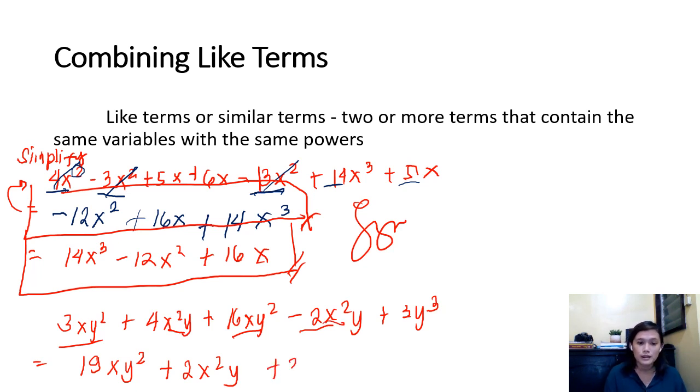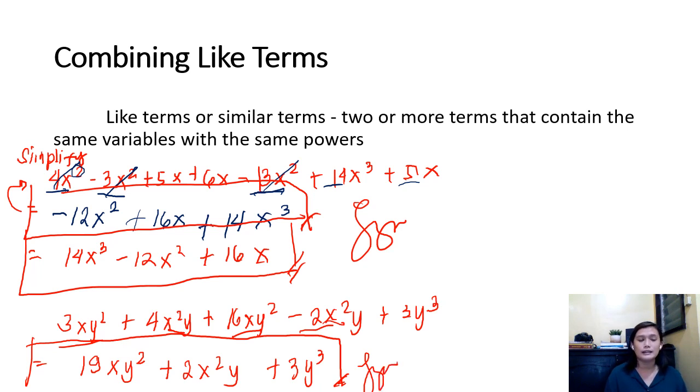So, plus 3y cubed. This is now the final answer. And then, always affix your signature next to it. In my class, always box your final answer so that I will know that that's your final answer, and you need to affix your signature next to that box. Or, you need to enclose your final answer with a rectangular shape box.